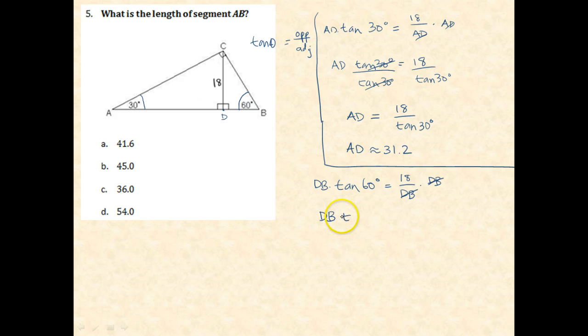DB times the tangent of 60 degrees equals 18. Divide both sides by tangent of 60 degrees. And you get DB equals 18 over tangent of 60 degrees.